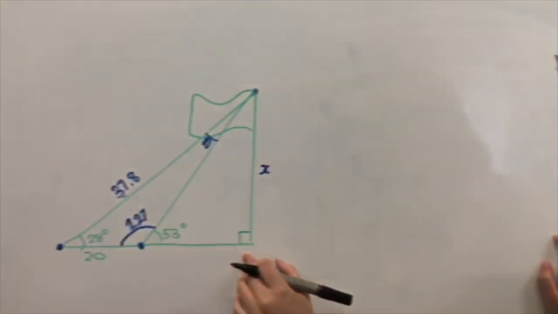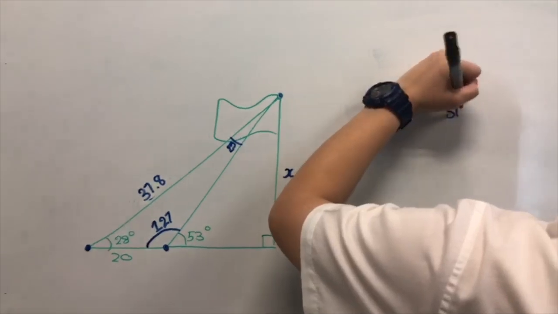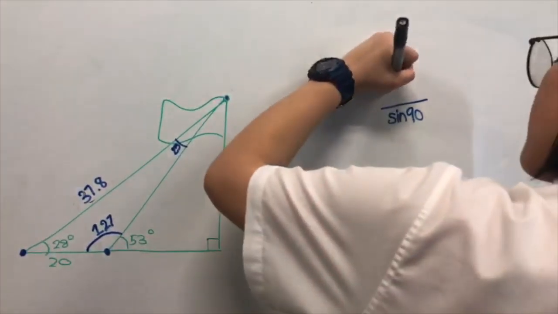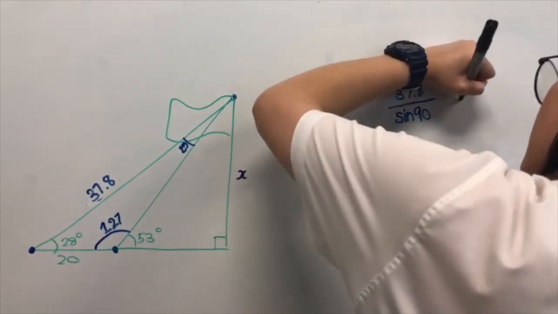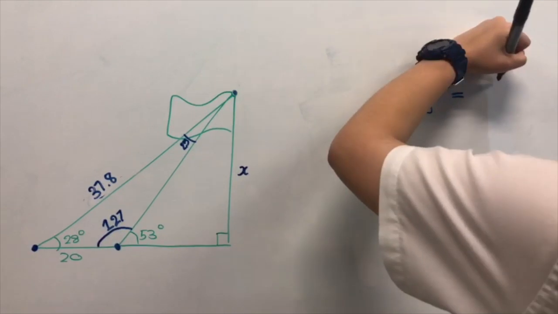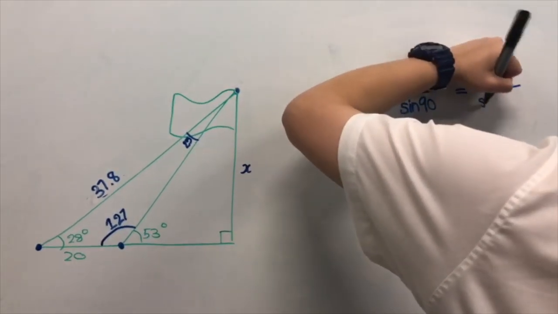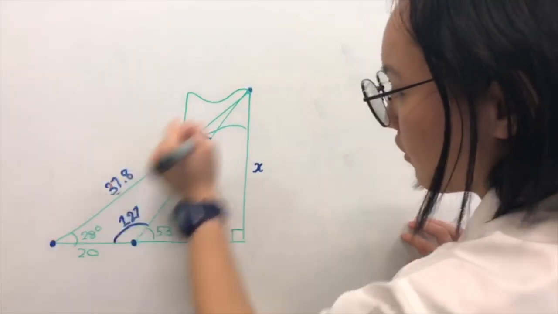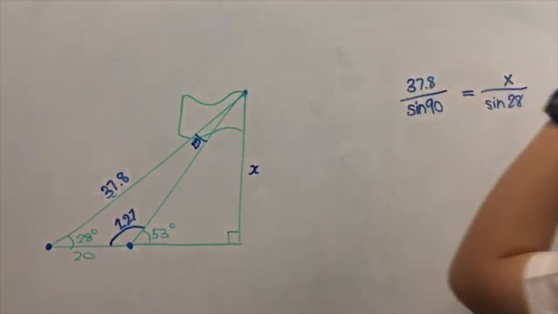So sine of 90 is below 37.8, equal to x divided by sine 28. You can see that this is the big triangle, so we can calculate it.